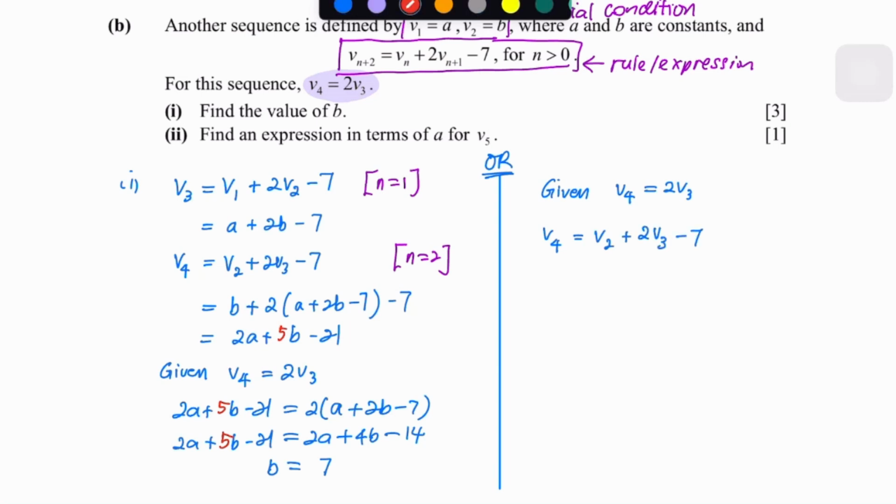Now you observe that this one, this and this, correct? You can do this, right? So V4 is equal to V2 plus V4 minus 7. And V2, right, is actually B. Okay? Because of this, you can cancel this. And then B equals 7 also.